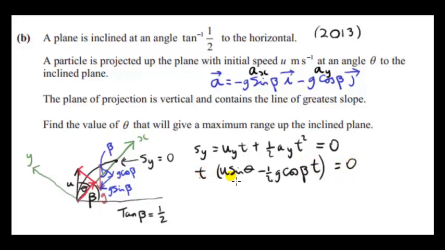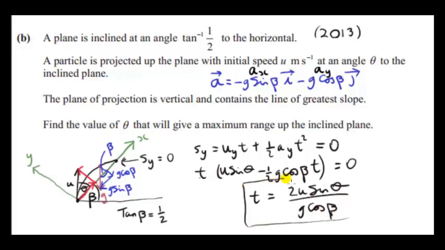Now we've seen this before. The product is 0 for this quadratic equation, so one solution is t equals 0. So t equals 0, sy is 0. Well, we don't want that, of course. Put the other factor equal to 0, and you get t equals 2u sine theta over g cos beta. You could just memorize this for the time of flight. It comes up quite a lot.